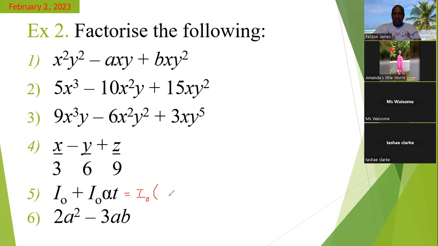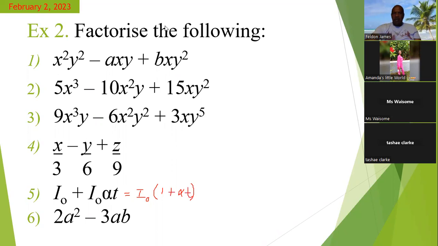I naught into itself goes 1 time, keep our sign, and then I naught into I naught alpha t, I naught cancel, leaving just alpha t. So the result would be I naught bracket 1 plus alpha t. And so that would be the solution for that one.